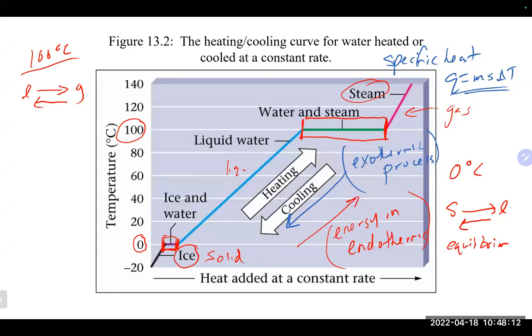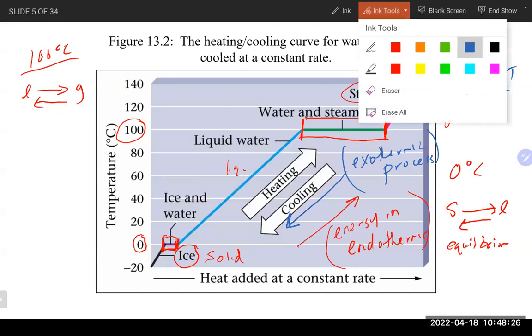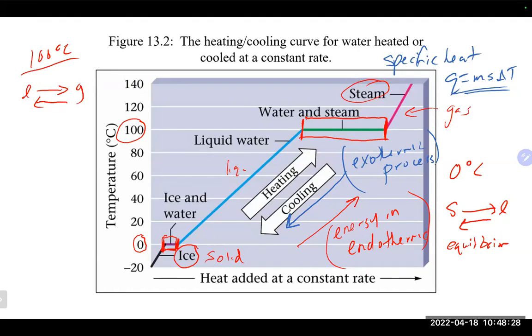So where something changes temperature and remains in the same phase is what we use specific heat for, to figure out how much energy is being either absorbed or released in that process. If we look at this heating and cooling curve, that is, for the most part, anywhere on this curve where we are going vertical. These are all processes where, if you want to know how much heat and energy was involved, you would use the specific heat equation.